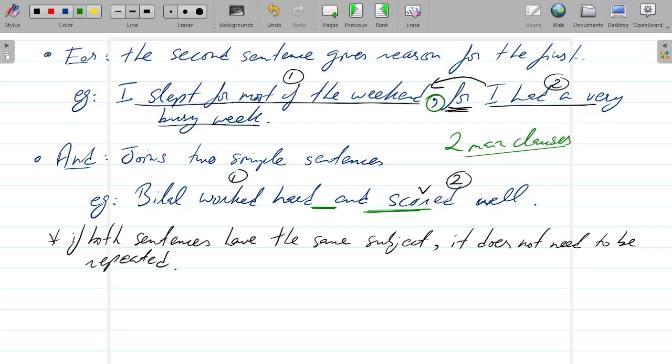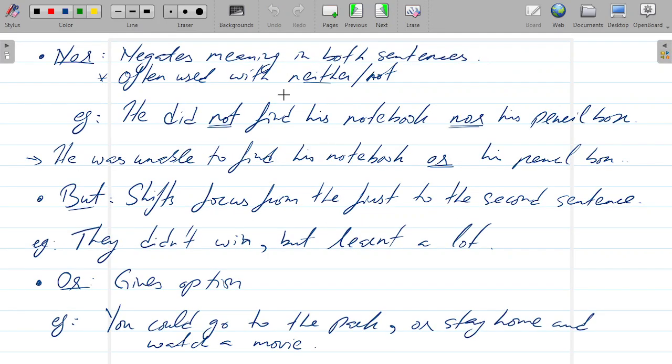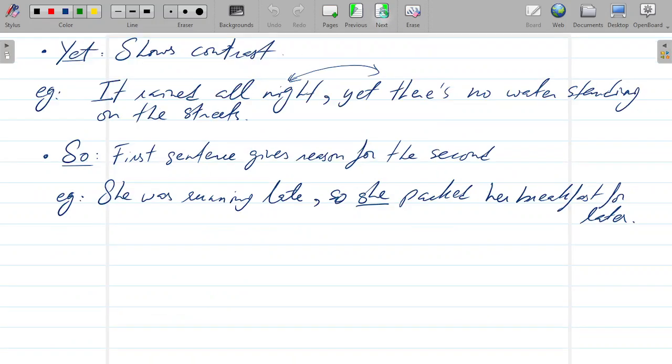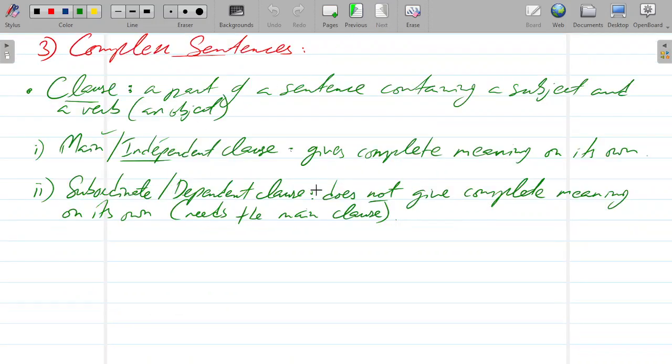So we haven't come across a subordinate or a dependent clause so far. I already showed you how you can easily identify and separate those, and they will stand well on their own. The thing about the dependent clause, as we will see, is if you separate it from the sentence, it will not be giving complete meaning on its own. You cannot use it as a separate independent sentence, which obviously kind of goes with the name.